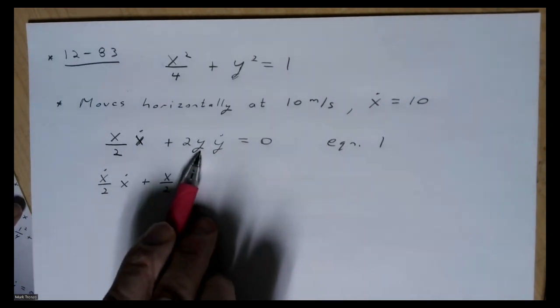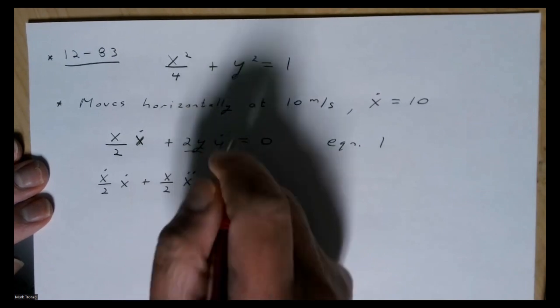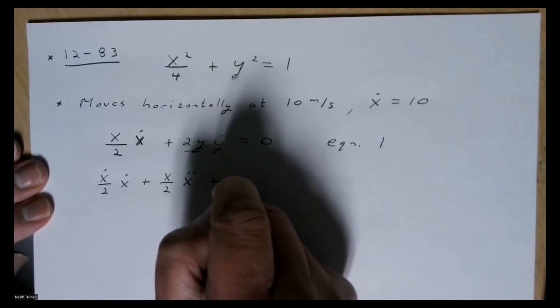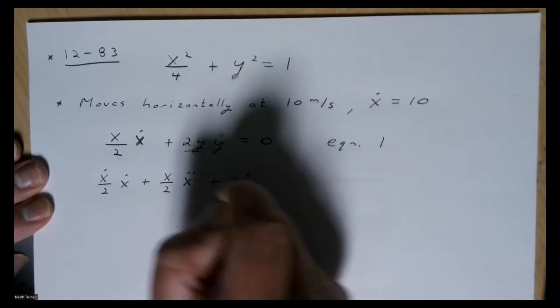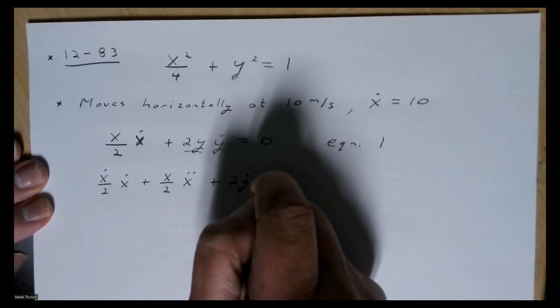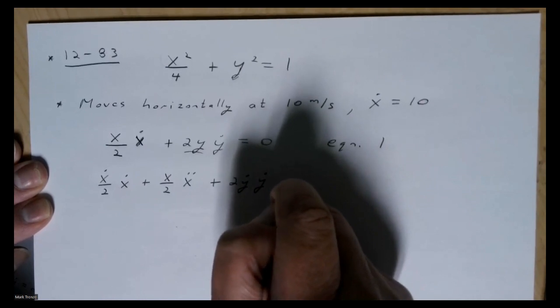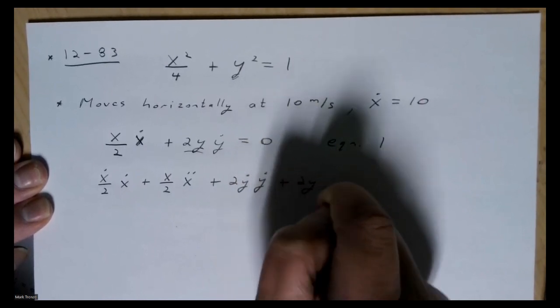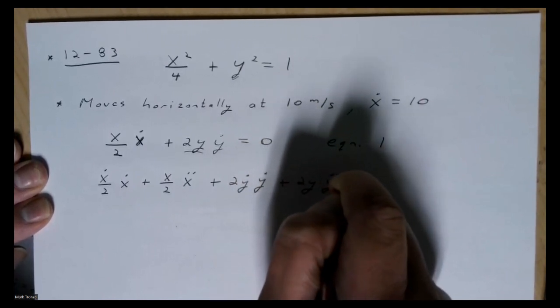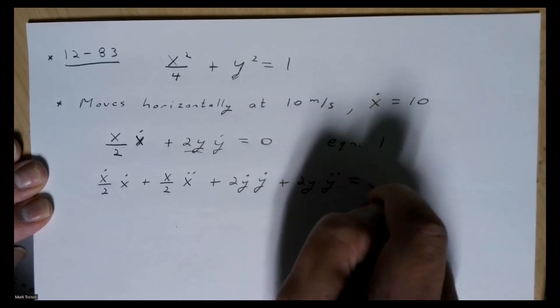And then over here, the derivative of the first times the second plus the first times the derivative of the second.